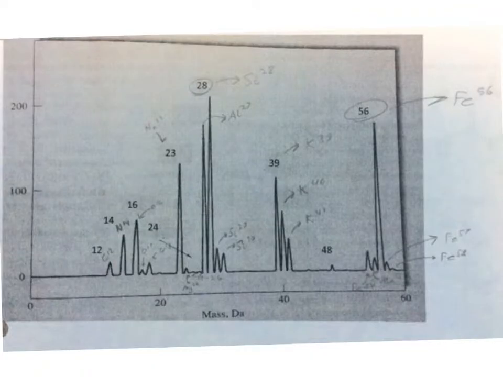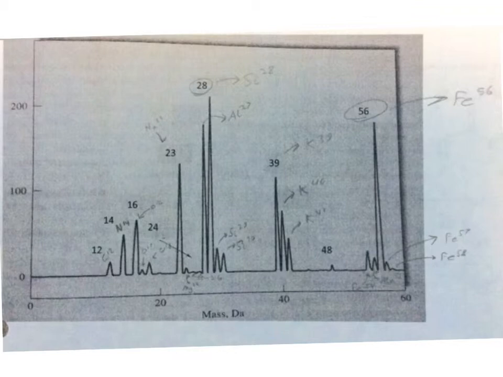So, as we're going through and identifying these MS peaks, we need to take into account the relative abundances of each of the isotopes. Let's look at the potassium peaks around a mass of 40 daltons. So we have those three peaks labeled as potassium 39, potassium 40, and potassium 41.